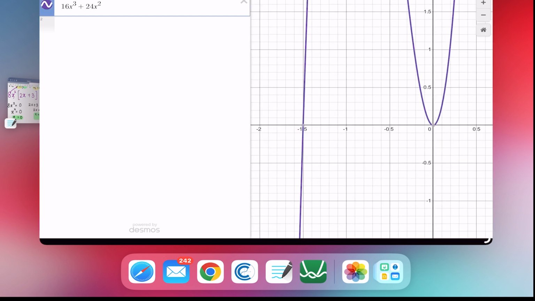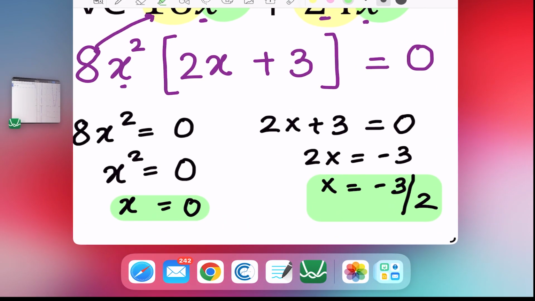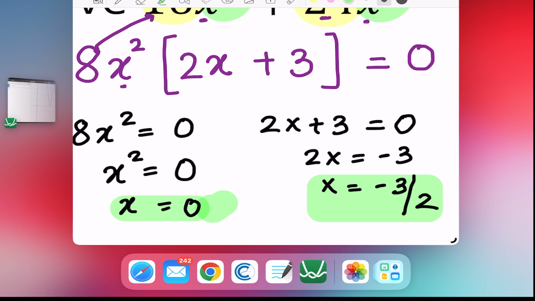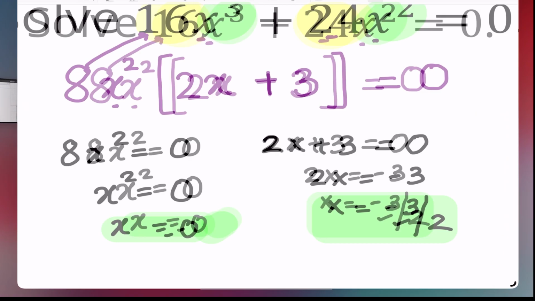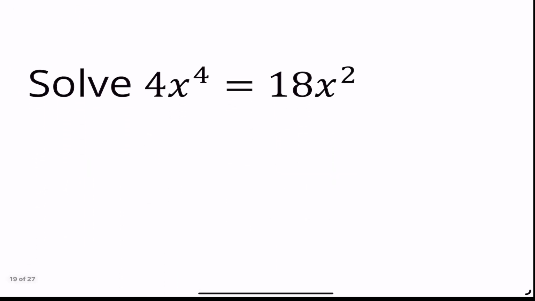So knowing your functions is also very important, because if I did not know that, I would probably stop at this. So as you can see, I have negative 1.5 and 0. Negative 1.5 is nothing but negative 3 over 2 and 0. So having your Desmos to cross-check always is very handy.